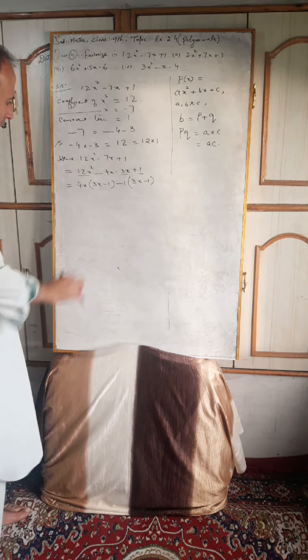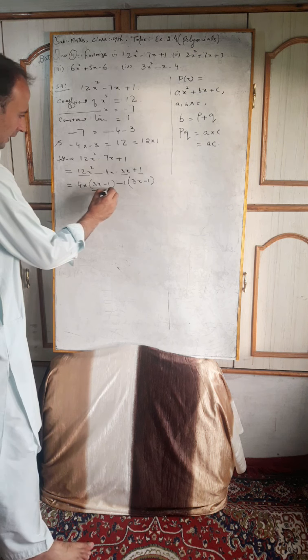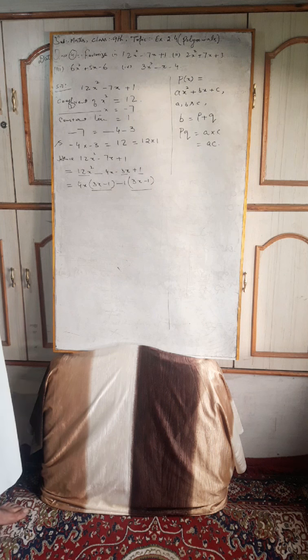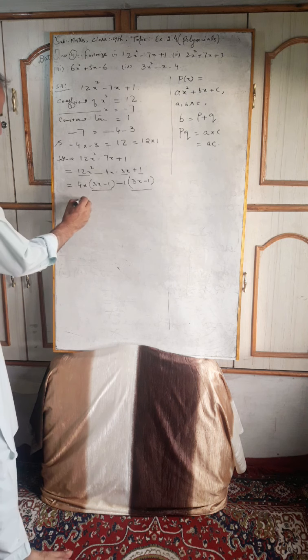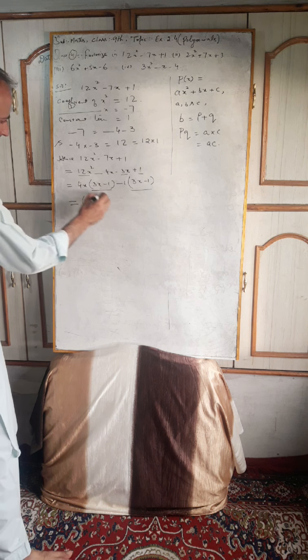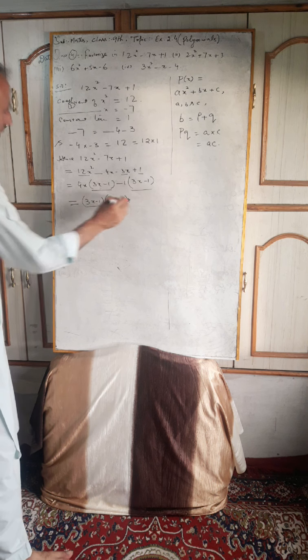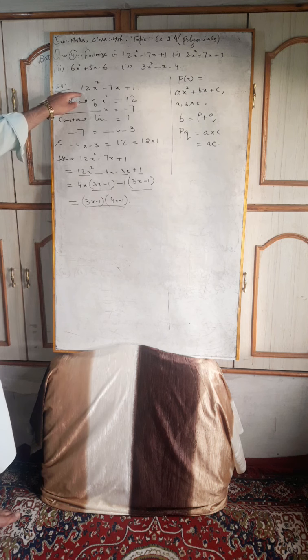Now here we are having 3x minus 1 here, and also here it is 3x minus 1. We will take it common. It will be equal to 3x minus 1 into 4x minus 1. These are the factors of this quadratic polynomial.